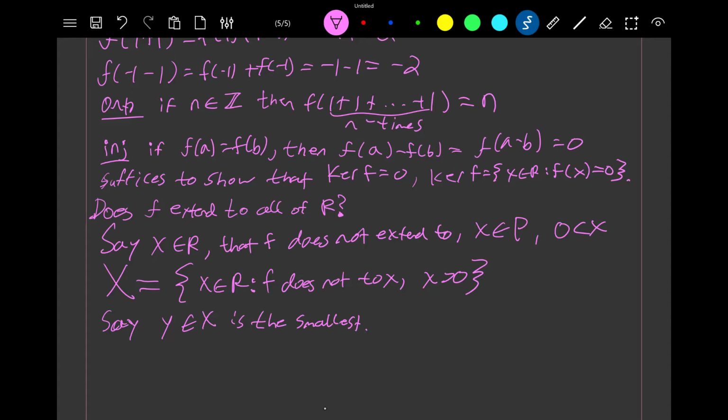Well, what do we know? We know y is positive, right? We know y squared is less than y. No, that's not true. So take the smallest element that does not extend. So we know that y is strictly greater than 1, because there is no integer between 0 and 1.